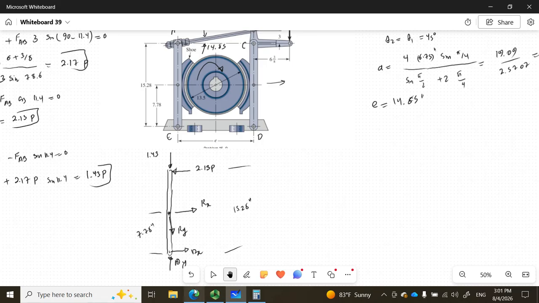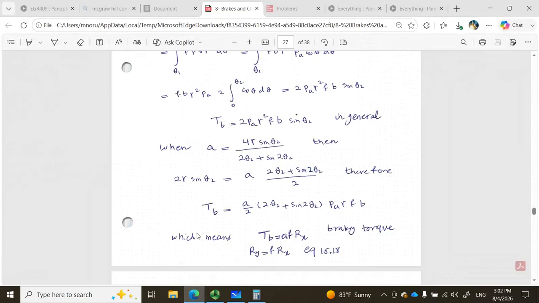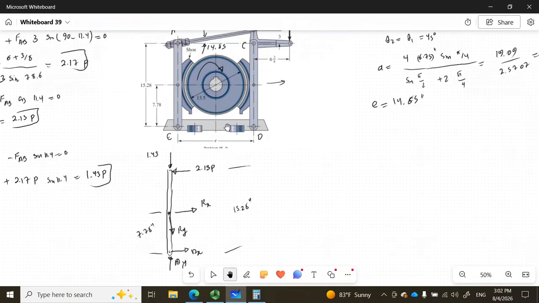So let's go back here. Here's the key equation. If A is picked properly according to this equation, then you remember I said the shoe is not going to spin or rotate at all. It's going to stay vertical. Then we had that equation, you guys saw that.